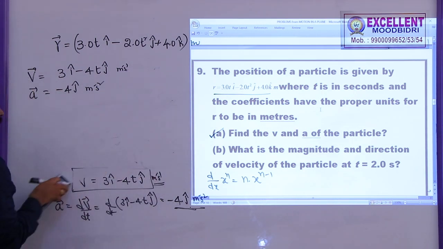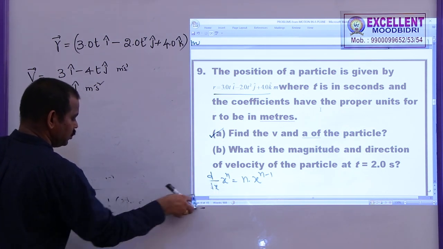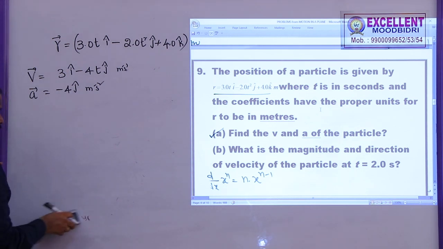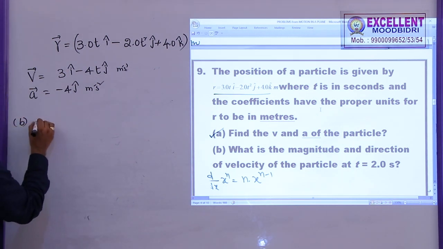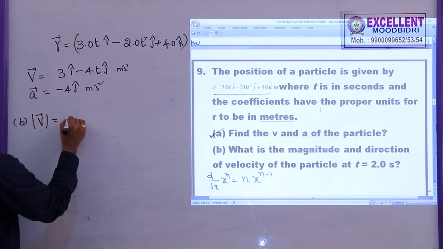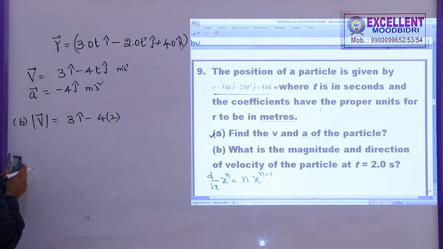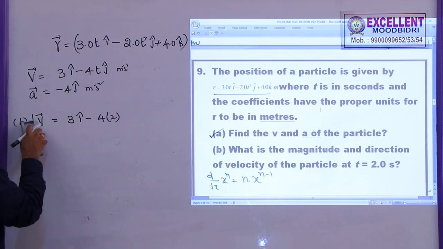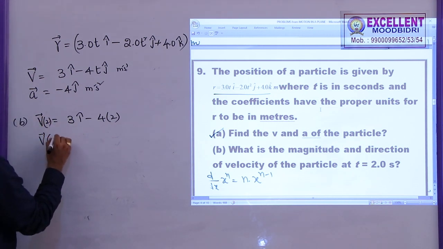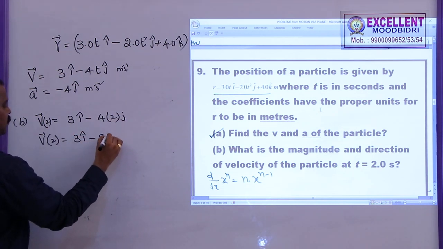We are going to find the magnitude at t equal to 2. That means we have to substitute t equal to 2 in these two values, so that we will get the magnitude of velocity. First let me substitute the value of t: v bar at 2 seconds is 3 i cap minus 8 j cap.